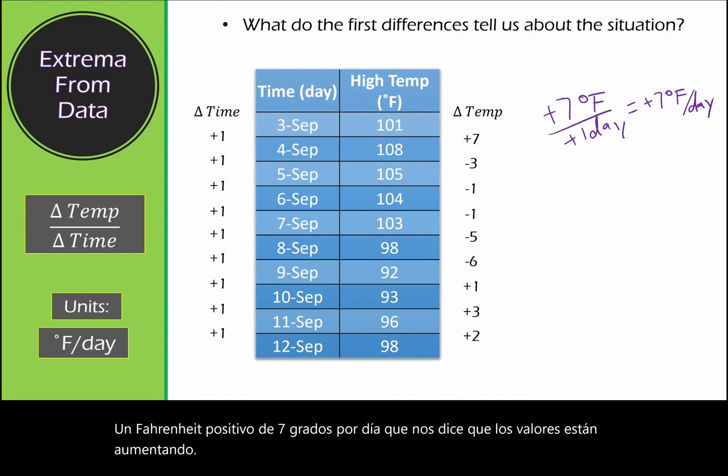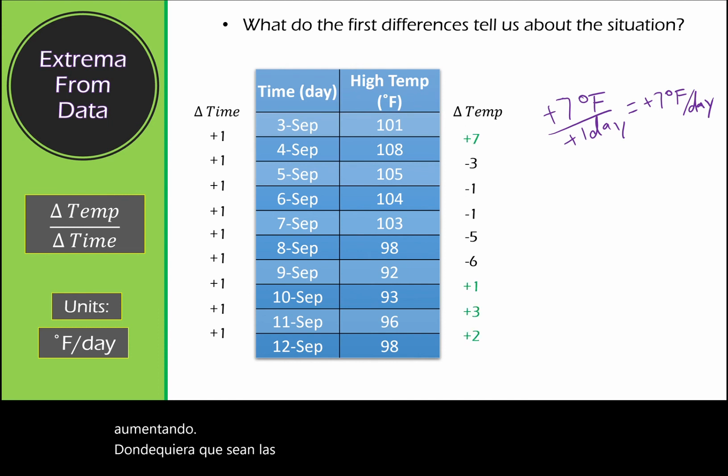So wherever our first differences are positive, our values are increasing. Wherever our first differences are negative, our values are decreasing. And so it gives us a real easy way to see that from the 3rd to the 4th, our differences change from positive to negative. So from increasing to decreasing, this tells us it's a max.